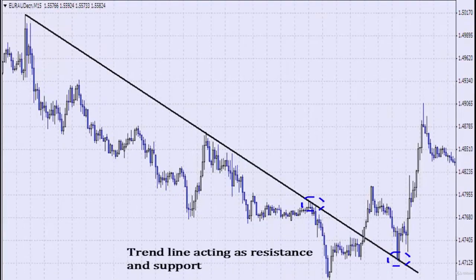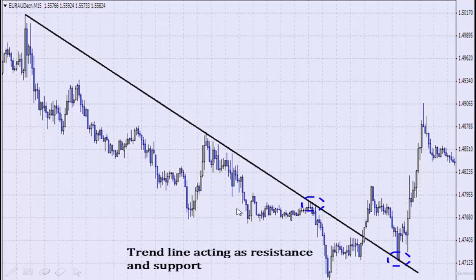And here is an example of a trend line acting as resistance and support. Here we have tweezer tops at the trend line. As you can see, tweezer tops at the trend line, and the market began to fall. Okay, so the market is in a downtrend.